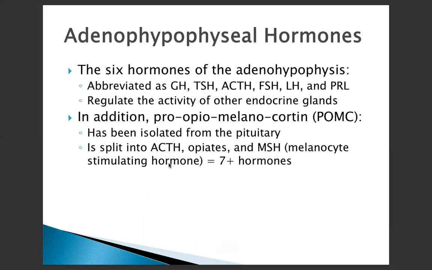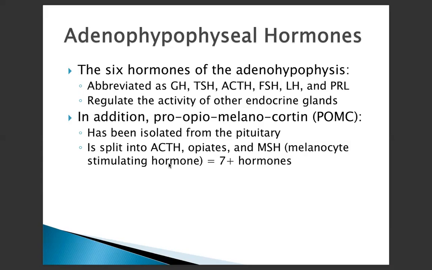The next 6 hormones of the hypophysis, abbreviated as GH, TSH, ACTH, FSH, LH, and PRL, regulate the activity of other endocrine glands. In addition, pro-opiomelanocortin, the POMC, has been isolated from the pituitary.